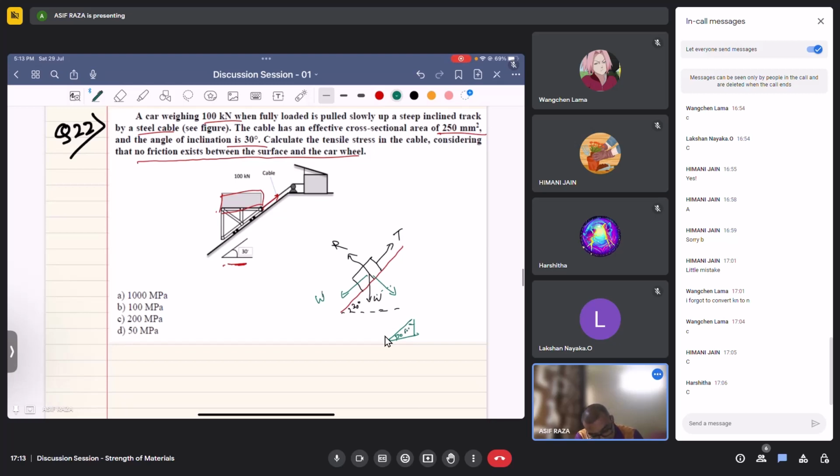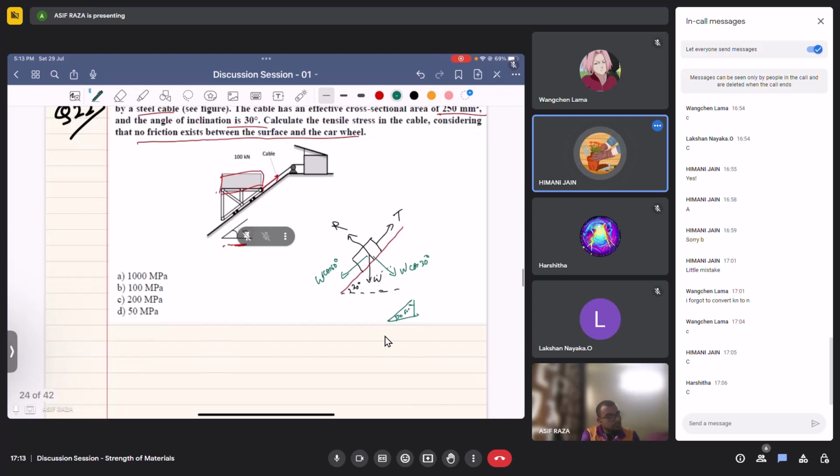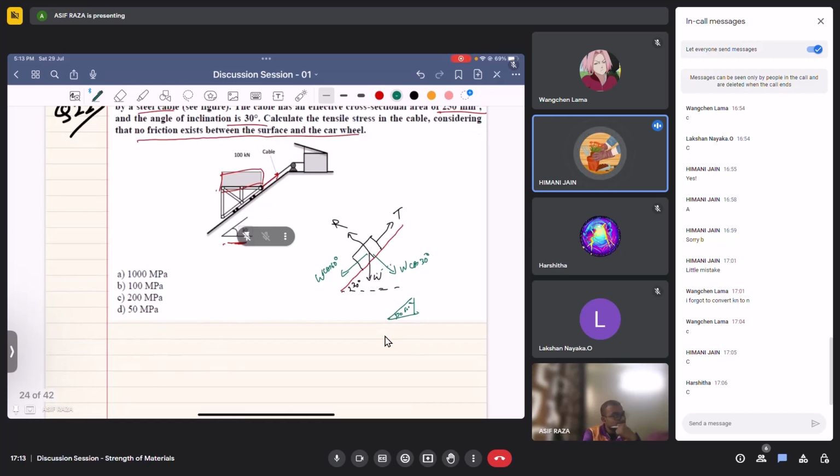So this is W cos 60 and this is W cos 30. So which one? Opposite to T. Yes, this one, W cos 60.